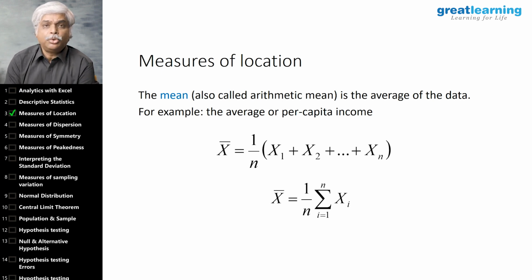But the simplest notion is the notion of an arithmetic mean. An arithmetic mean, or the mean, is a very simple calculation. It is just the average of the data as we understand it. Take all the numbers, add them up, divide by however many numbers there are, and that becomes your arithmetic mean.